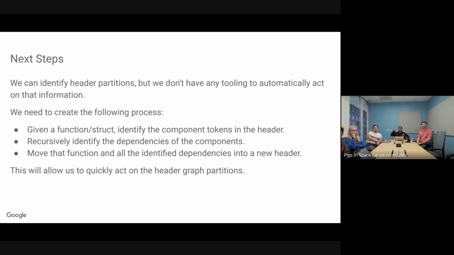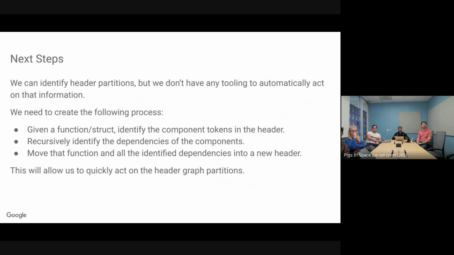So now that we have these tools, what do we do next? We can identify header partitions, and we can say the level of connectedness between two tokens, but we don't really have any tooling to automatically act on that information. We need to create something that, given a function or struct, identifies the component tokens in the header, recursively identifies the dependencies of the components, and then extracts it to its own header.